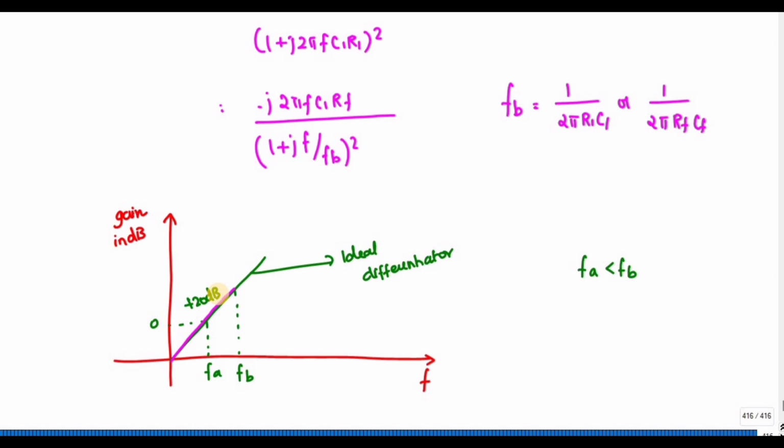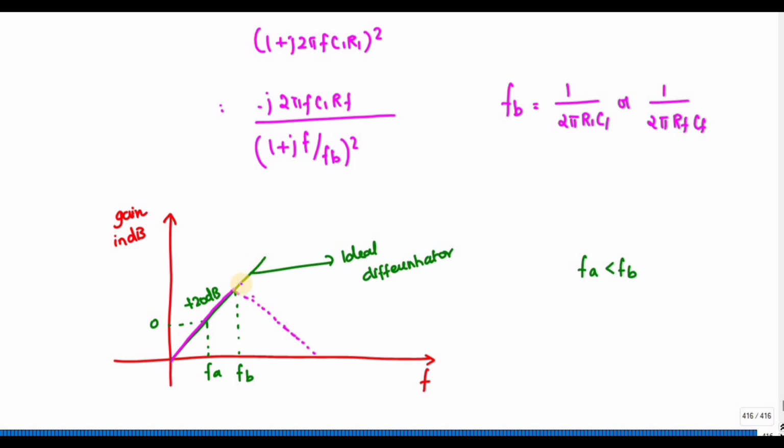Sorry, after this FP, it is falling at the rate of minus 40 because this is 20 dB.